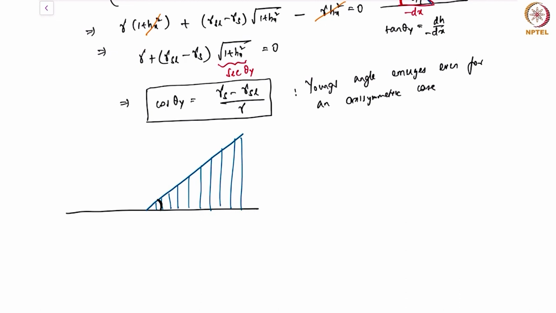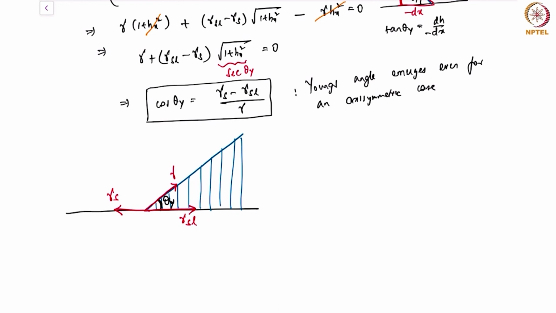The local angle here is, let's say, theta y, right? Now we have three surface energies. Let's call this gamma, then we have gamma s, and finally we have gamma SL, solid liquid.